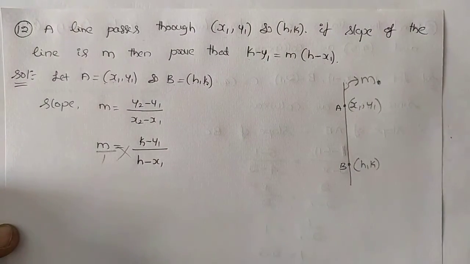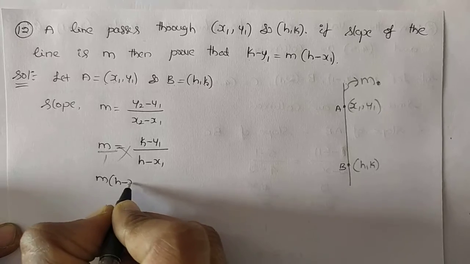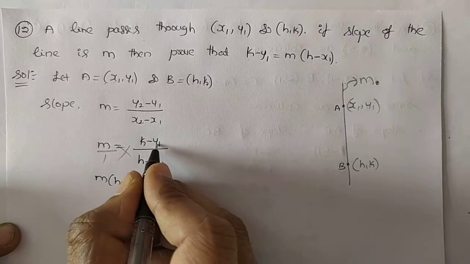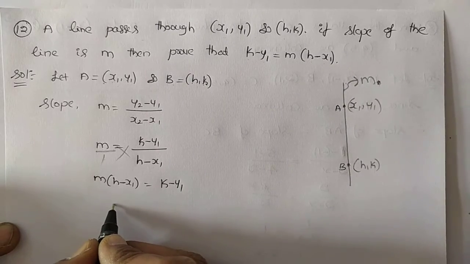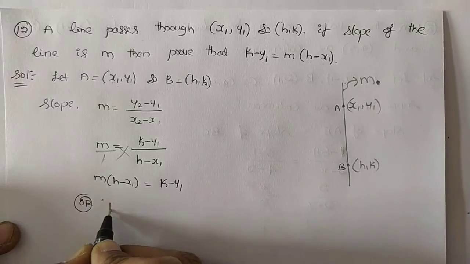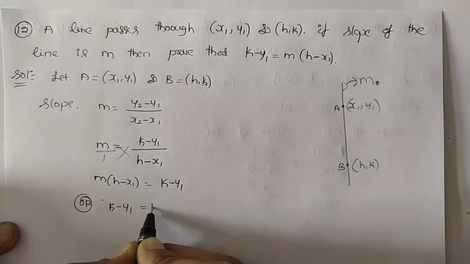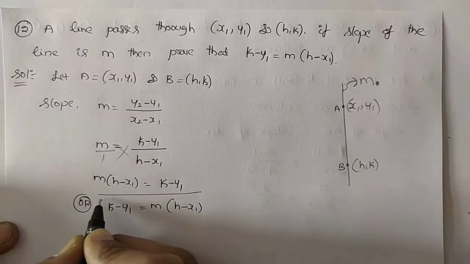Then m into h minus x1 equals k minus y1 into 1, that is k minus y1. Therefore, this can also be written as k minus y1 equals m into h minus x1. Hence, it is proved.